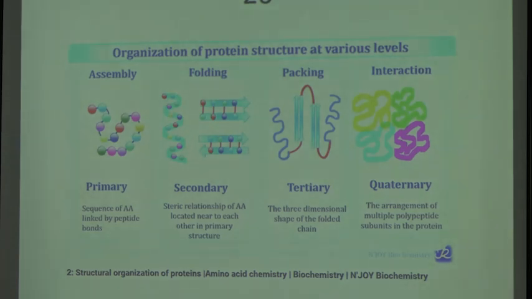In primary structure, only the amino acid chain is there. The important thing to remember in the primary structure is that the amino acids have to be in a particular sequence, linked by peptide bonds.